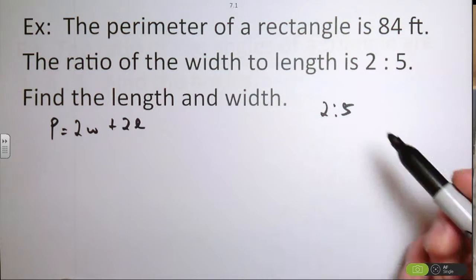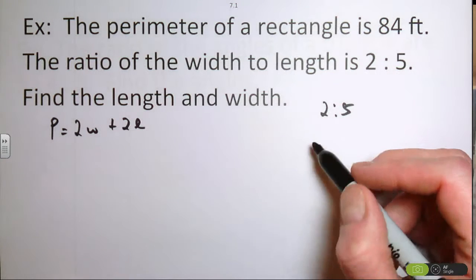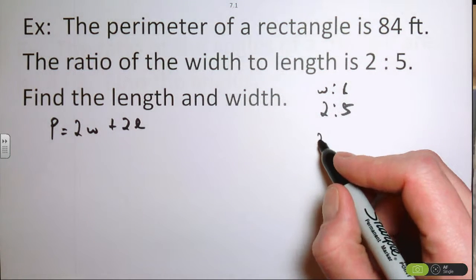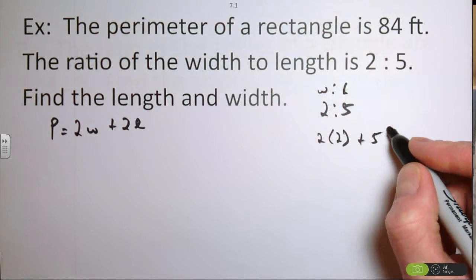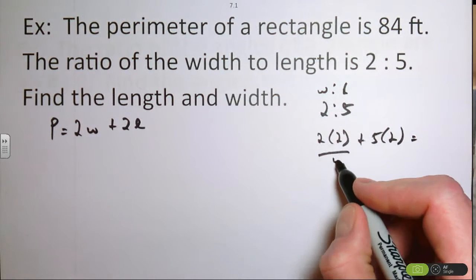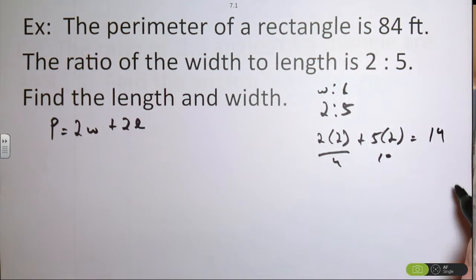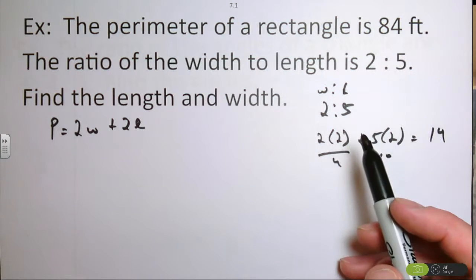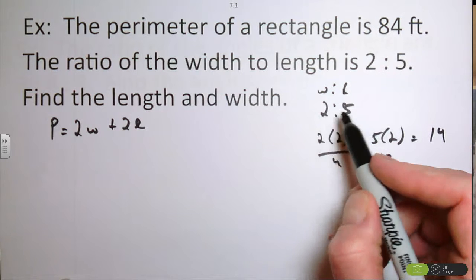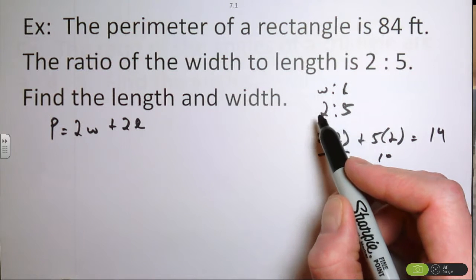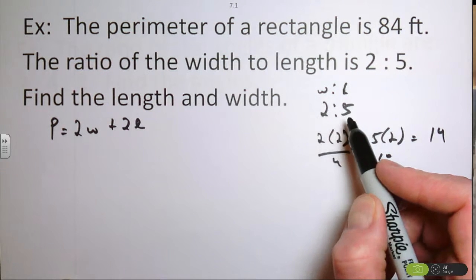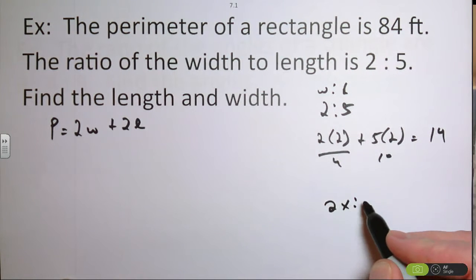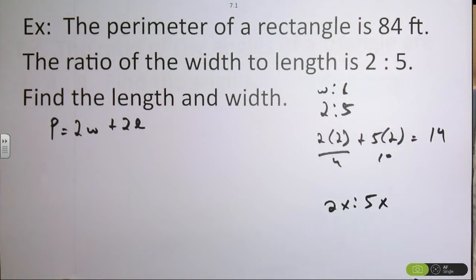I mean, it's not 2 and 5, because if I were to plug 2 in for width and 5 in for length, assuming this is width and this is length, 2 times 2 plus 5 times 2 is 4, 10, it's 14. That's not the perimeter. The perimeter is 84. So what you really have to understand is there's some unknown multiplier happening to 2 and to 5. So the ratio is really 2x to 5x.